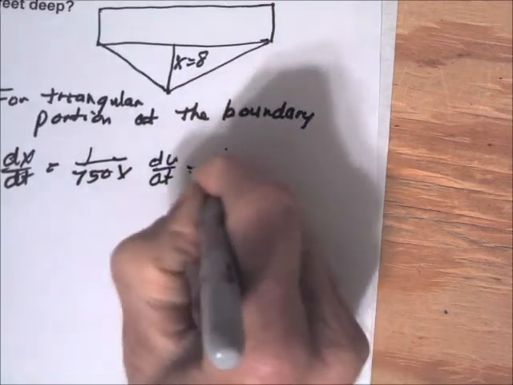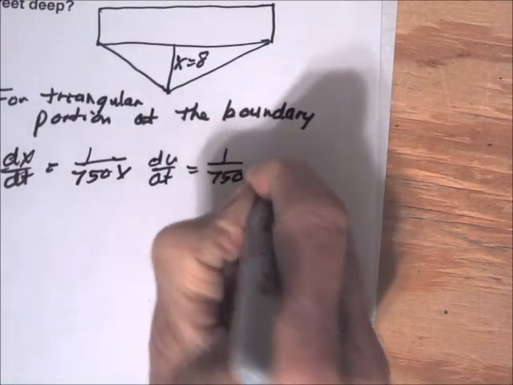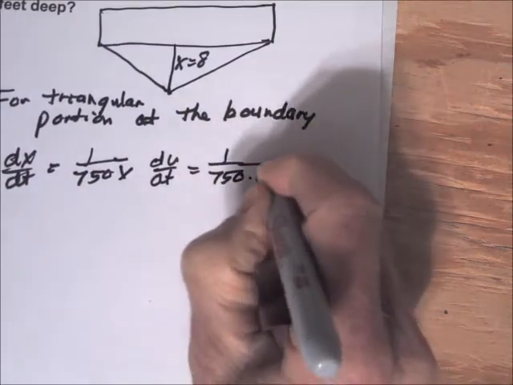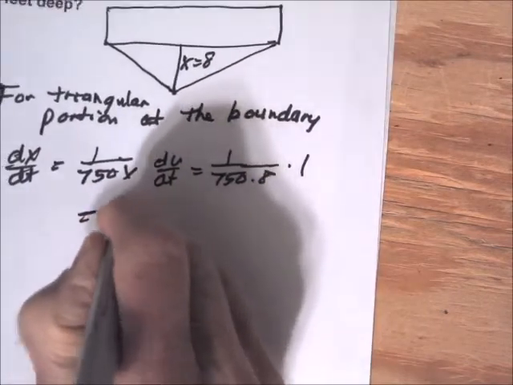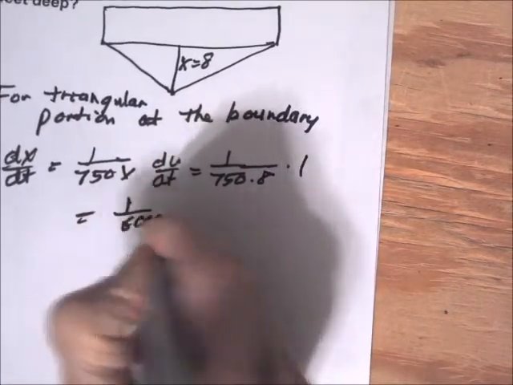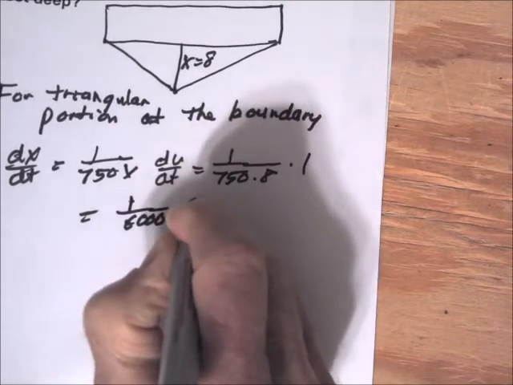So that's 1 over 750 times 8, and dV/dt is 1. 750 times 8 is 6,000. So 1 over 6,000 feet per minute.